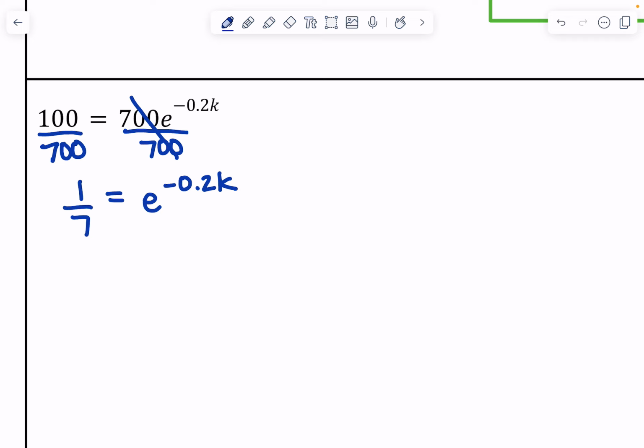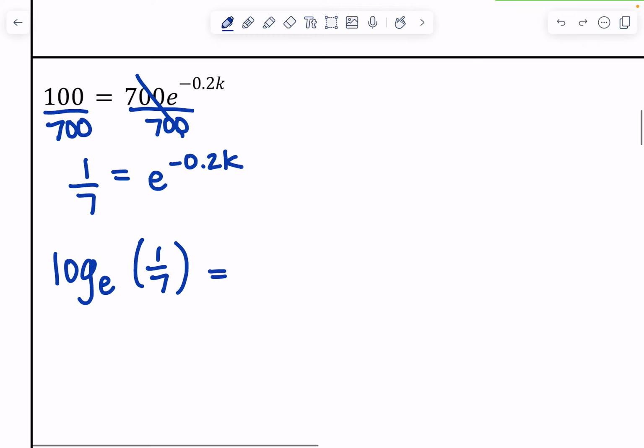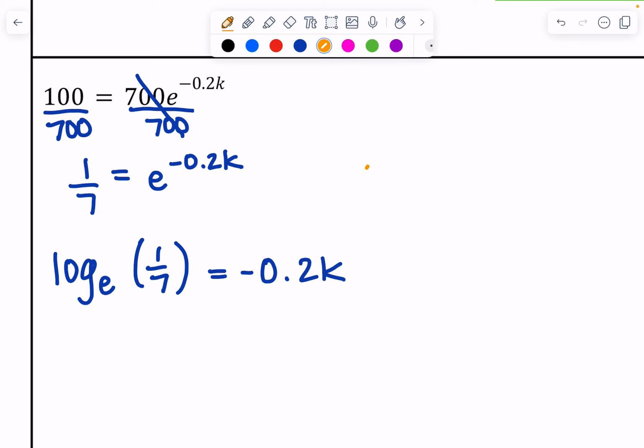Here I have exponential form and I need the logarithmic form. And so I'm going to have log base e of 1/7 is equal to negative 0.2k. And off to the side, I need to remember log base e is the natural log.